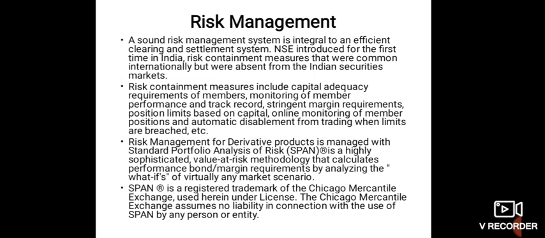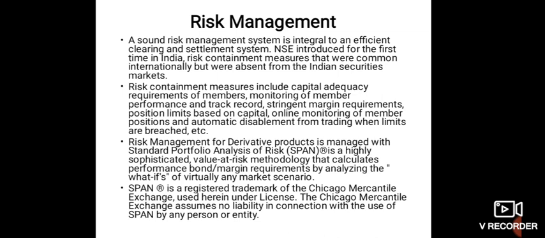Next is risk management. In earlier classes I told you that SPAN, the Standard Portfolio Analysis of Risk, is software that acts as an interface to identify in which contract the risk has arisen.